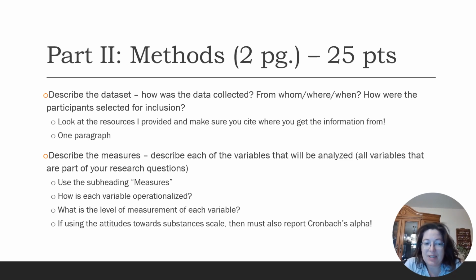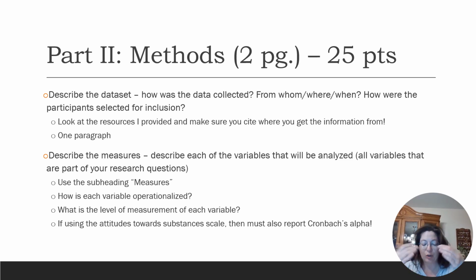The next section, and you're going to have a subheading under methods for this that's going to be labeled measures, is where you're going to describe the measures. So that's where you're going to describe each of the variables that are within your research questions. So how is each variable operationalized?